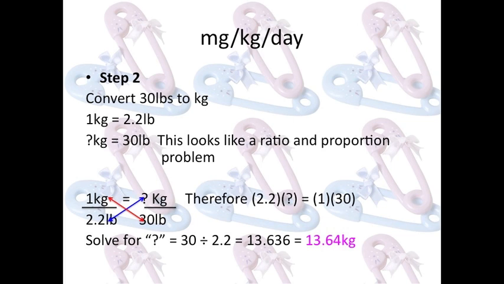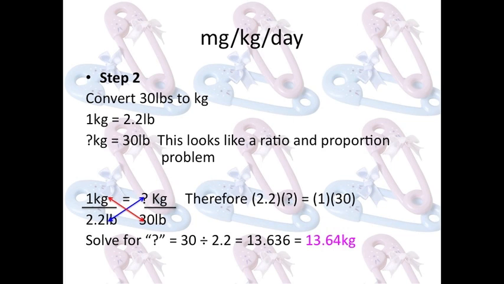Step 2. Convert 30 pounds to kilograms. And you need to convert because the formula milligrams per kilograms per day requires the weight to be in kilograms. So 1 kilogram is equal to 2.2 pounds. How many kilograms are there in 30 pounds? This looks like a ratio and proportion problem.